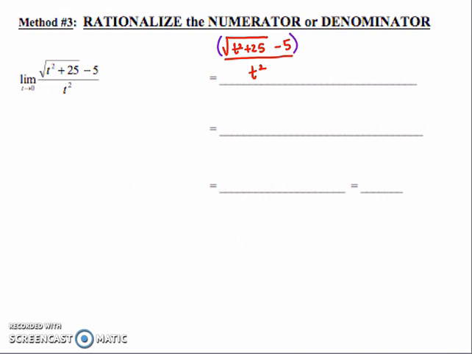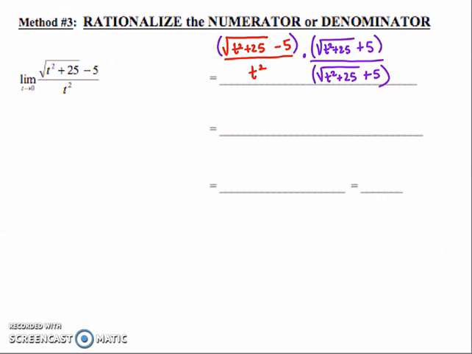Therefore, the complex conjugate of that would be the square root of t squared plus 25 plus 5. Just like always, whenever we rationalize, we have to multiply the top and the bottom. We're just not usually rationalizing our numerators. But this is one time where, when evaluating limits, being able to rationalize a numerator comes in handy.